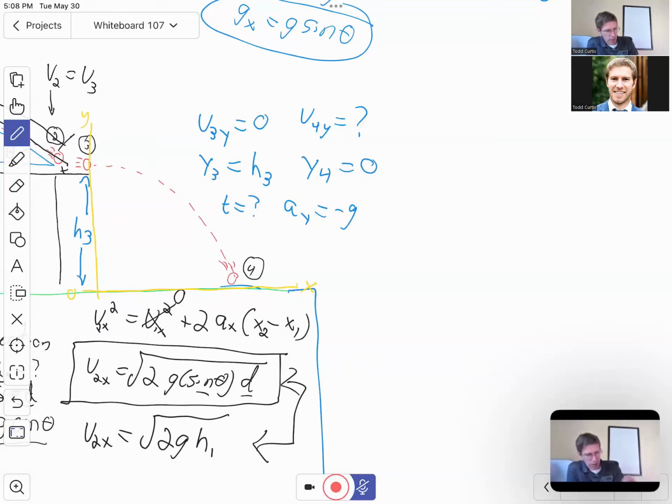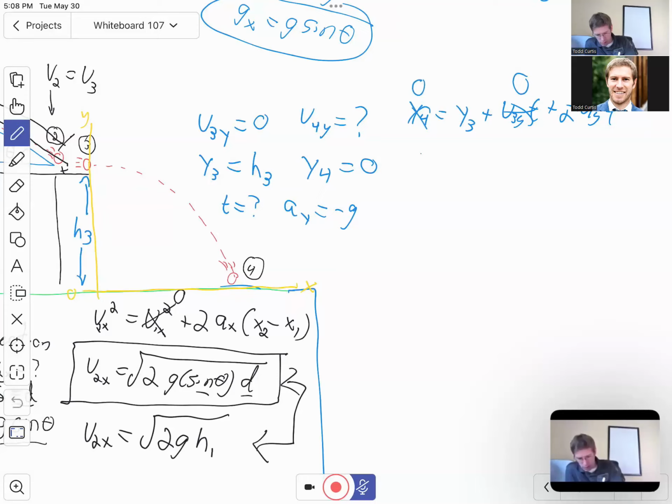So to find the time, in similar fashion to what we did last week, we can use our second kinematic equation of motion, which tells us that y final, which is y4, equals y3 plus v initial y, which in this case is v3y, times time plus 1/2 ay times time squared. V3y is 0, so that goes to 0.